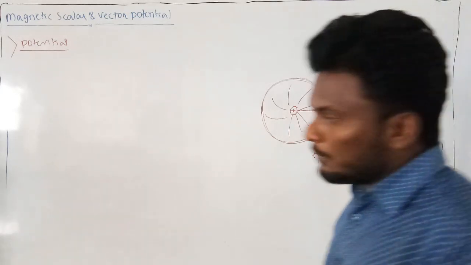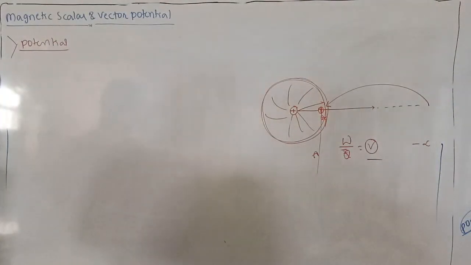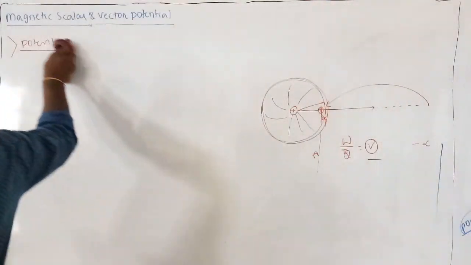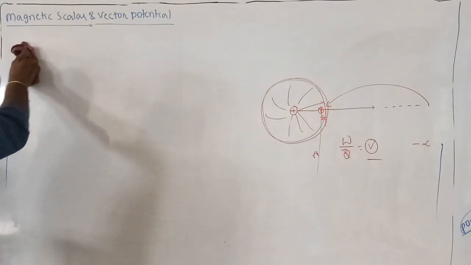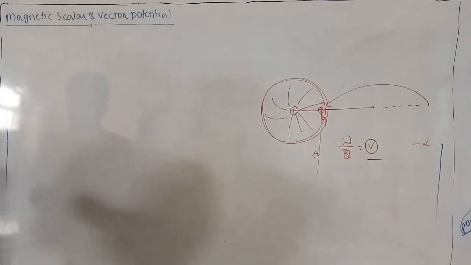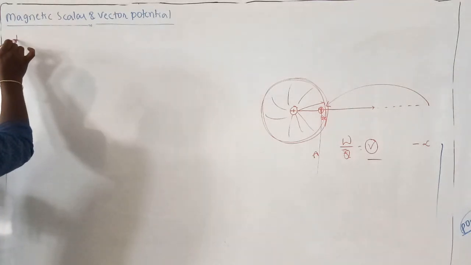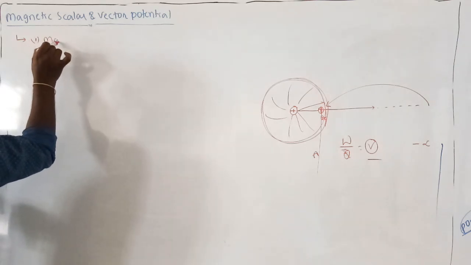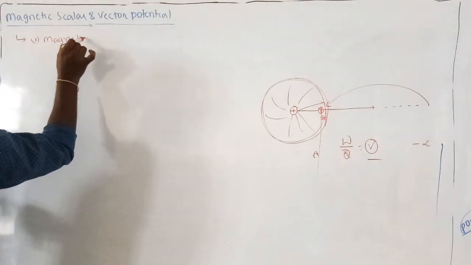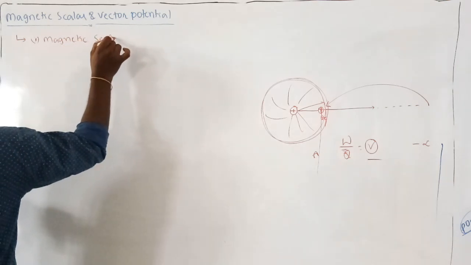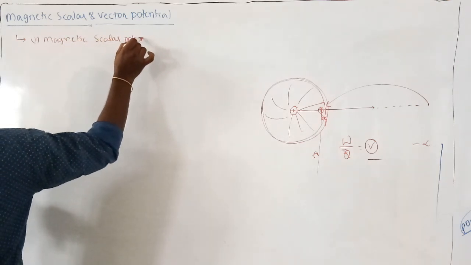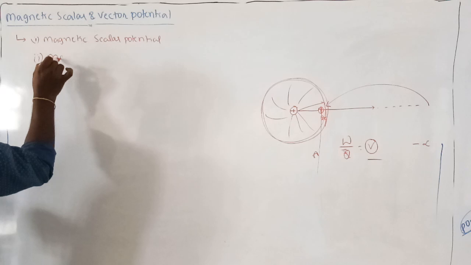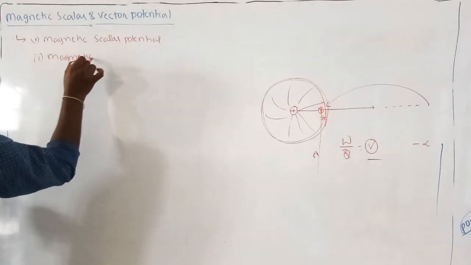In the same way, in magnetostatics we also have a concept of potential, but we have two types of potentials: magnetic scalar potential and magnetic vector potential.